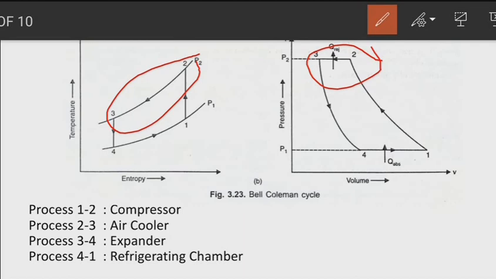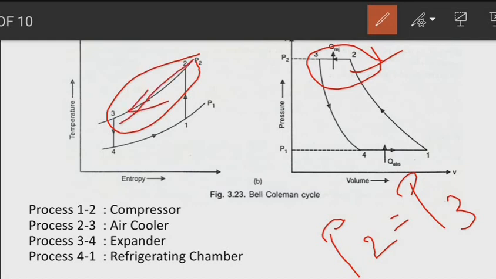That is, the pressure stays constant: P2 is equal to P3. The temperature cools a little bit, so the temperature decreases in the case of 2 to 3.